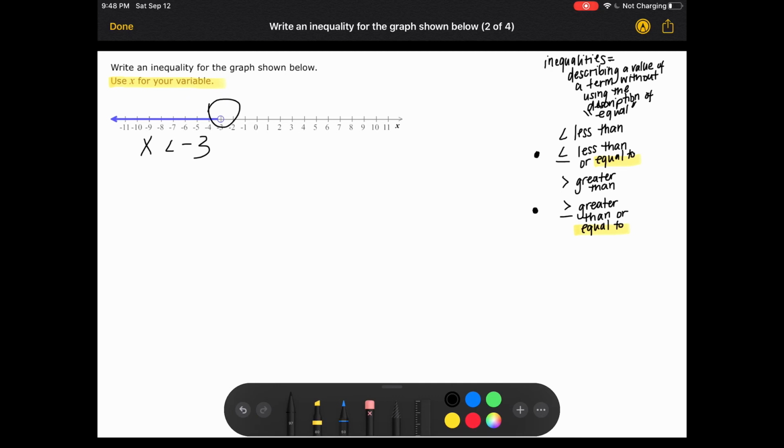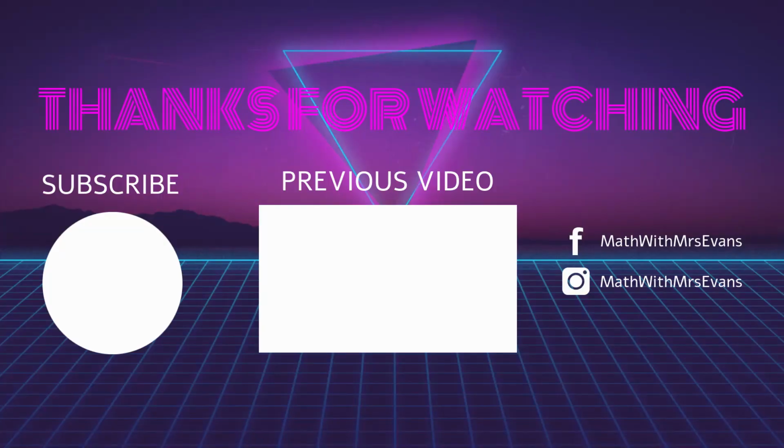And whenever it is a less than, it's going to be an open dot. So if this is an open dot, it's either going to be less than or greater than. But if it's a closed dot like this, it'll be less than or equal to or greater than or equal to. So when you do that question, don't forget that.